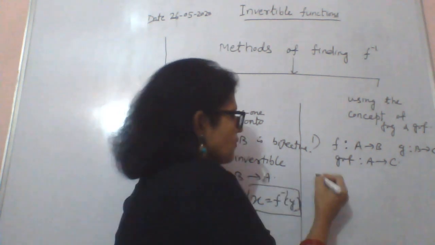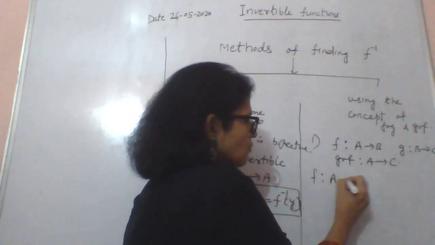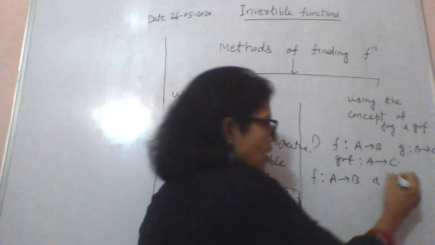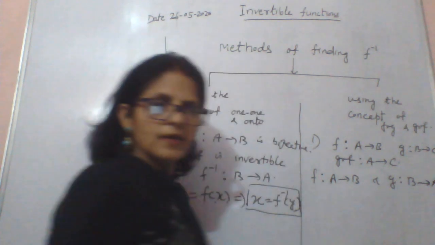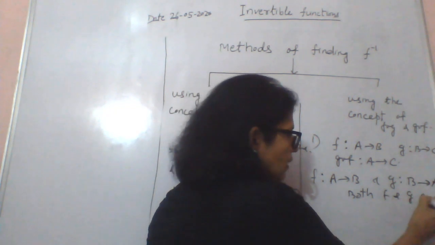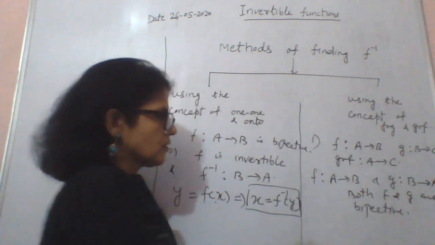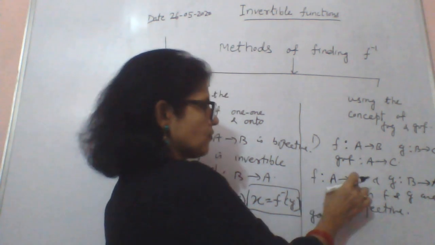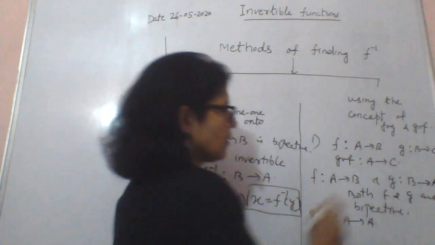Now in this case, if I take f as a function from A to B, and g as another function from B to A, and both f and g are bijective, that means g of f, so f from A to B, g from B to A, so gf is from A to A, right?